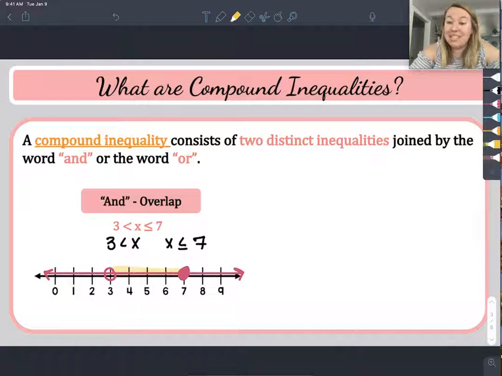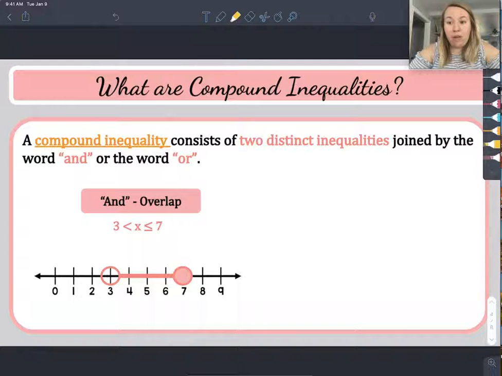So if I plugged in 5 for x, we would have 3 is less than 5, which is less than or equal to 7. That is true because it's in between those two numbers. So when we go to graph this, it should look like this. There should be no arrows. It kind of looks like a dumbbell. And you will have an open circle on 3 again and a closed circle on 7, and then just a line connecting the two of them.